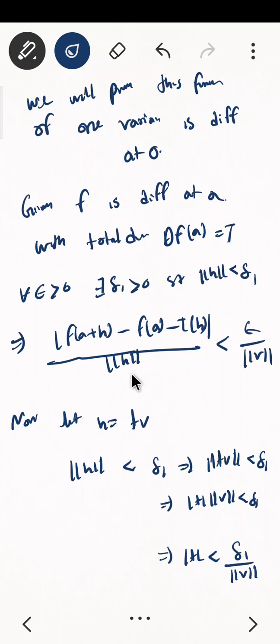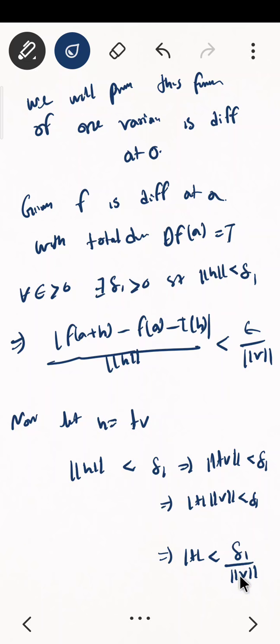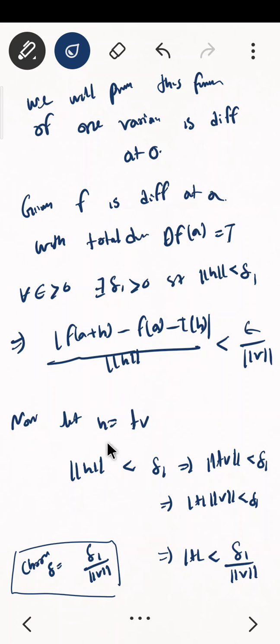So let us choose delta equal to delta 1 upon norm v. I'll choose this as a new delta. Let us see what will happen if you go on solving this.